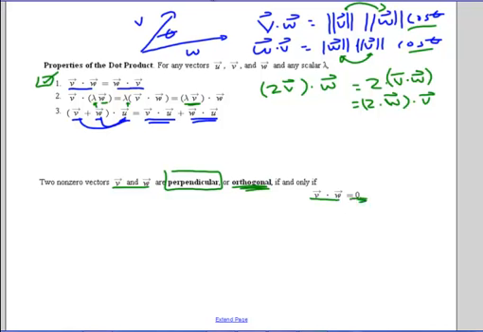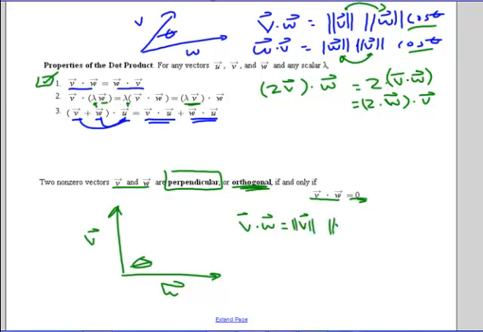And that makes sense because, consider two vectors that are perpendicular. Well, if they're perpendicular, we know that the angle between them is 90 degrees, and v dot w corresponds to magnitude of v times magnitude of w times cos of theta.